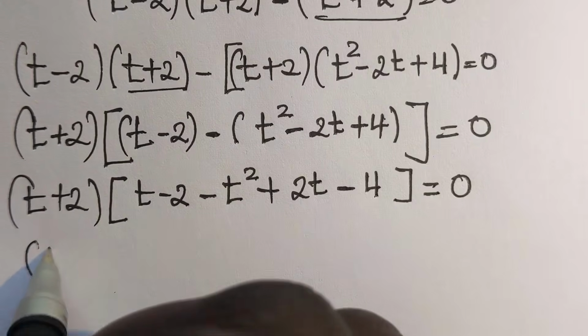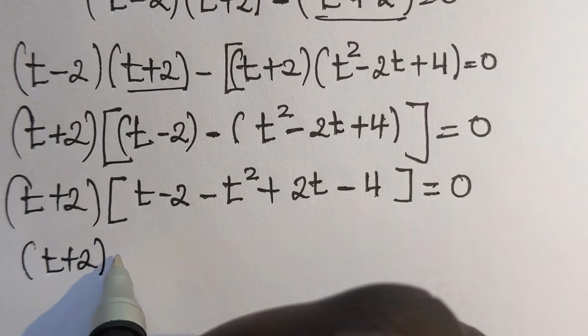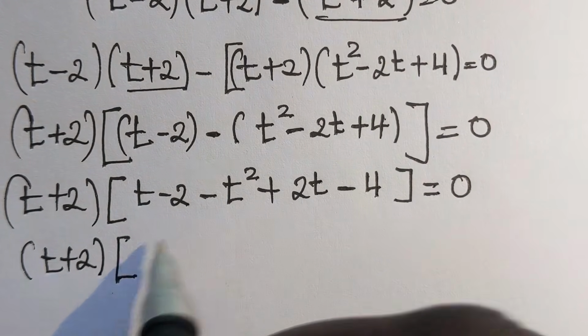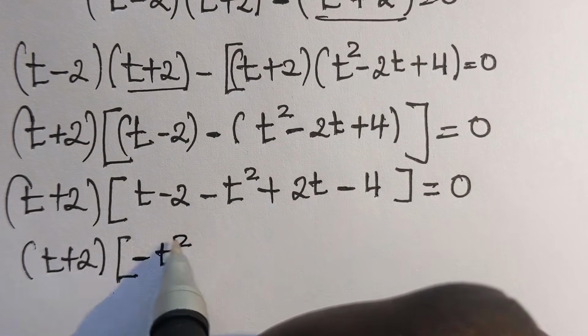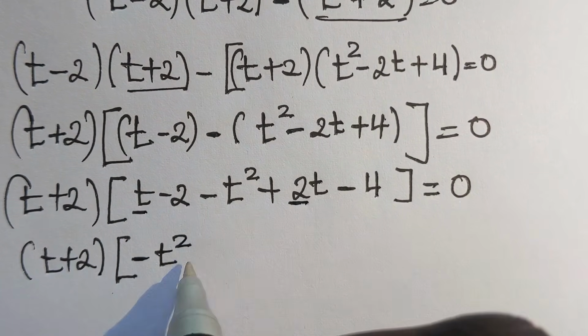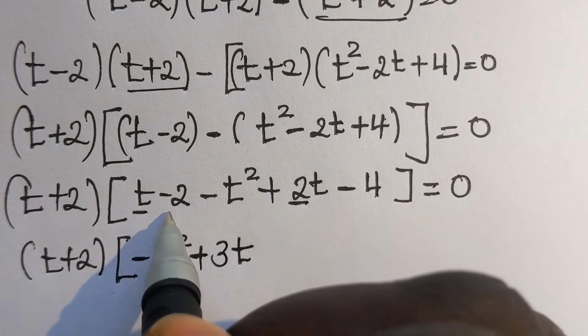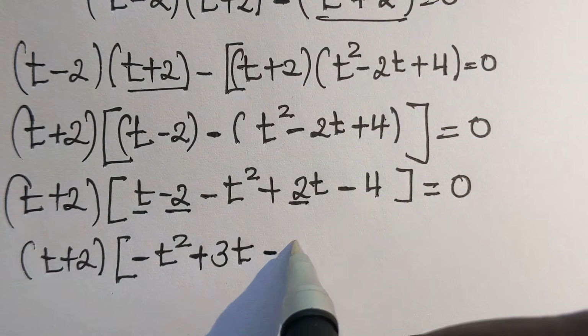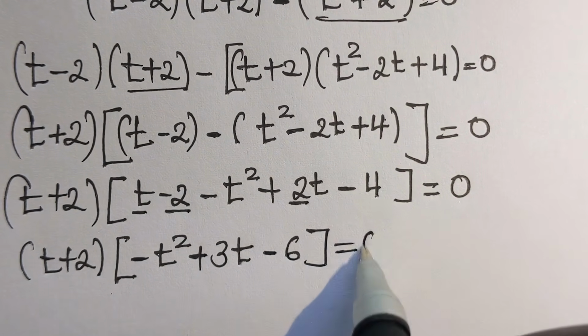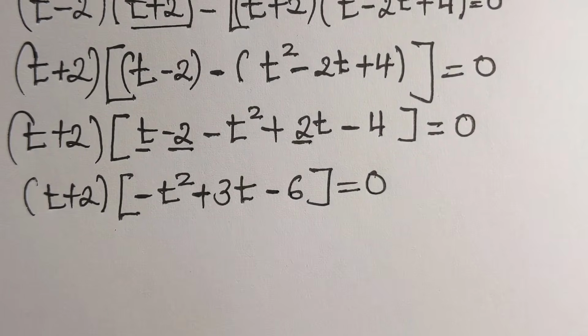Then of course here we have T plus 2 open bracket of negative T squared, we have T, and you have this one to get plus 3T, and this one minus 6, equals 0.